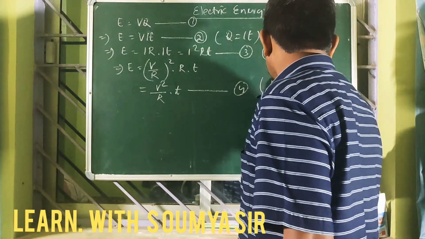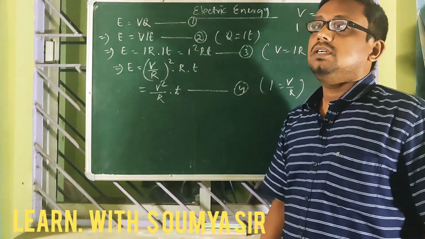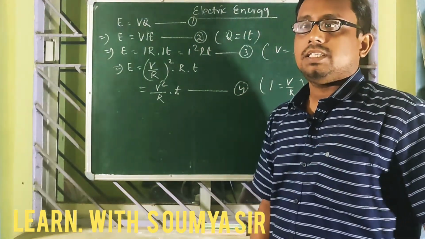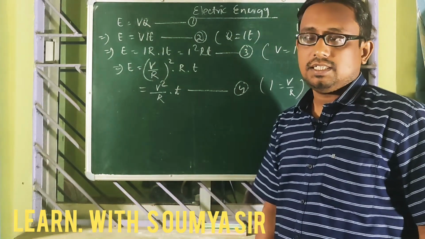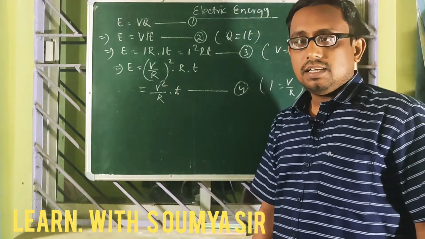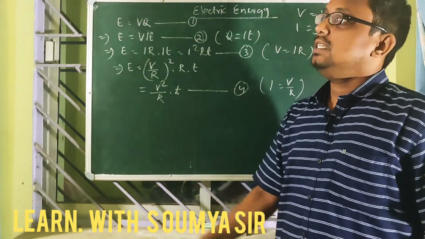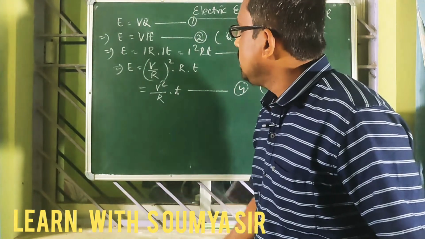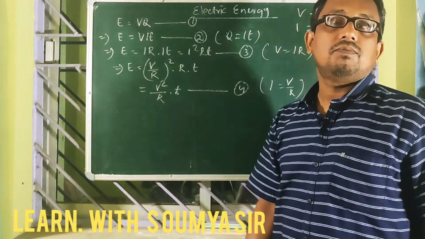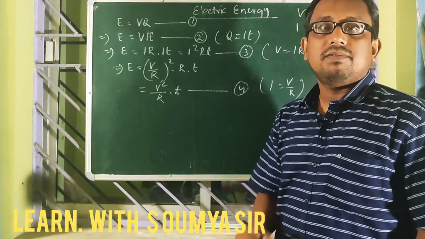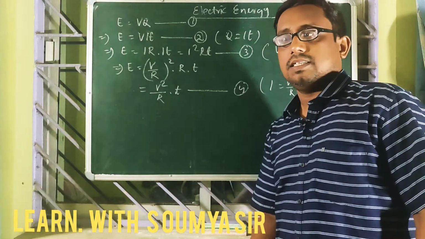Here I is equal to V by R. So these four formulas are different formulas for electric energy. Clear? E is equal to VQ, E is equal to VIT, E is equal to I square RT, E is equal to V square by R into T.